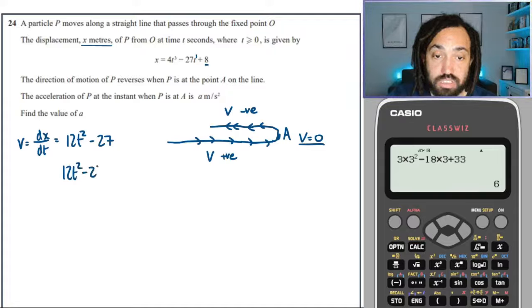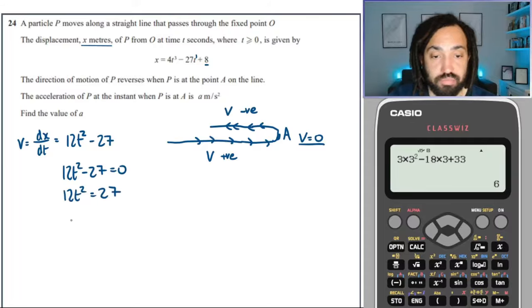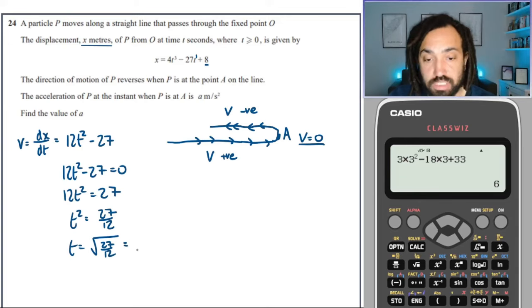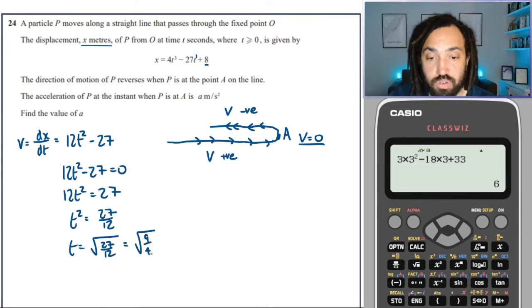So we set our velocity equation equal to 0. We add 27 to both sides. We divide by 12. And then we square root, which is going to give me the square root of 9 over 4, which is going to give me 3 over 2.